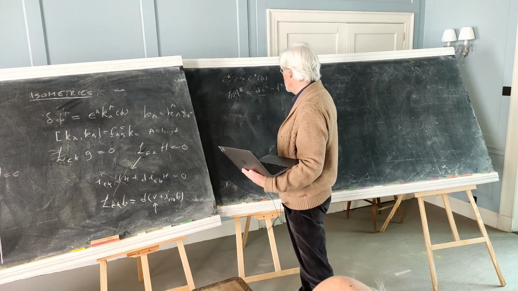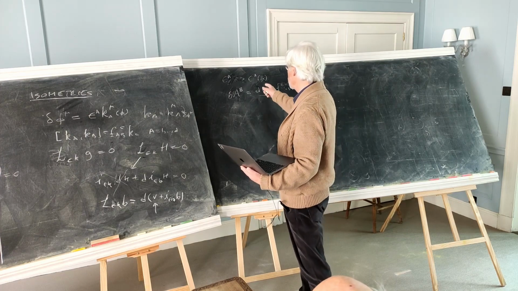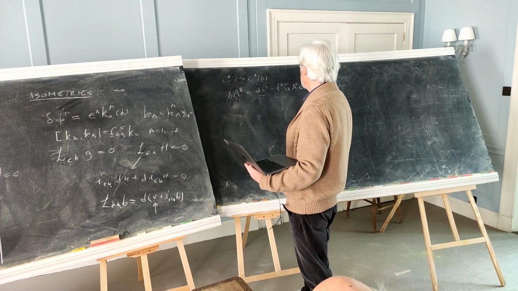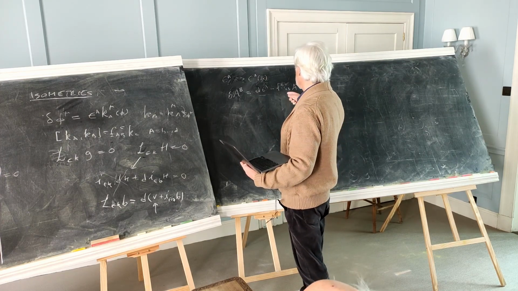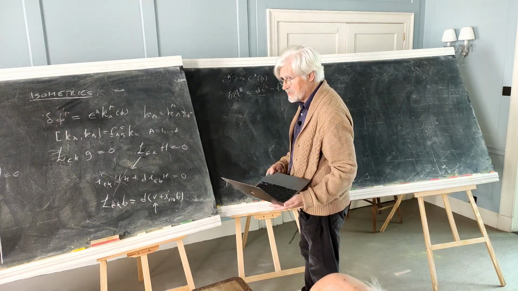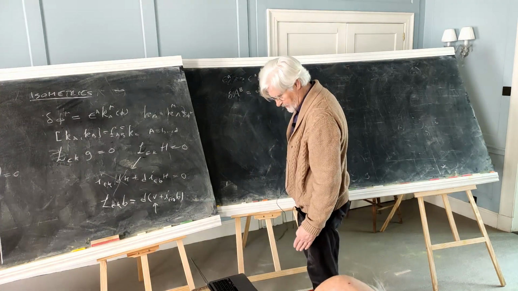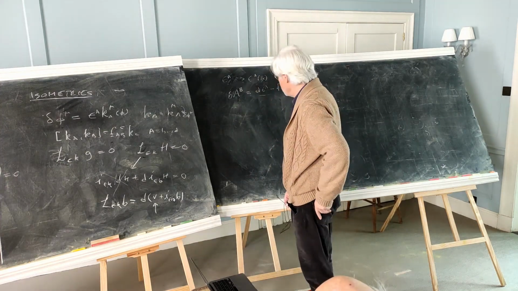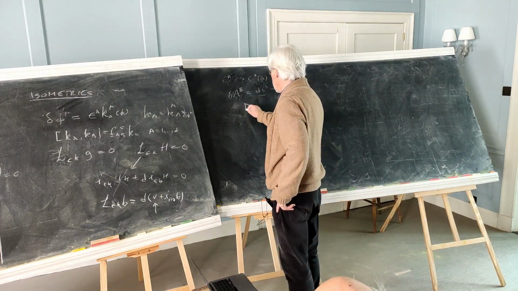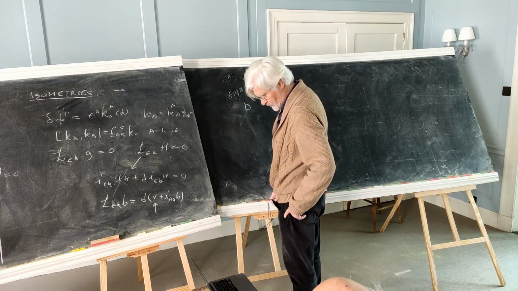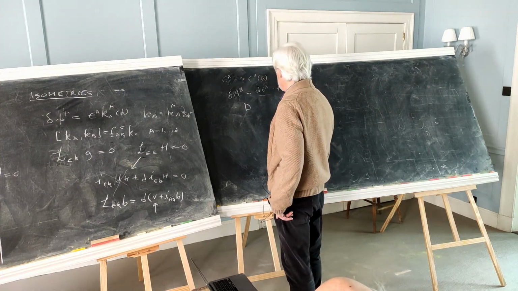There's this term which is to compensate for the x dependence when we vary the action, and there's a term which just says that A transforms in the adjoint of the algebra. And then we have to introduce covariant derivatives.